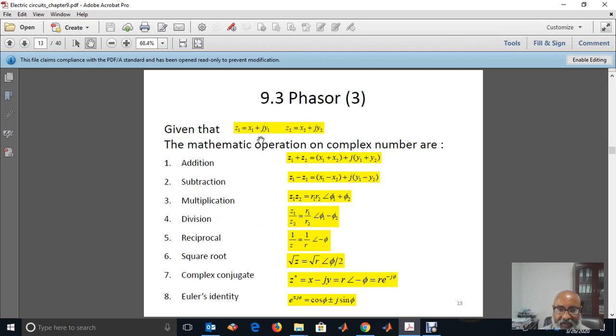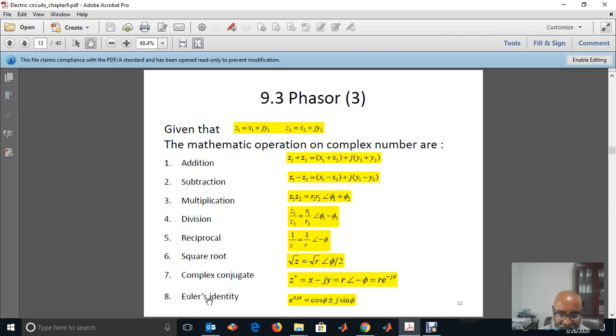If I have z1 as r1 at an angle of phi 1 and z2 as r2 at an angle of phi 2, multiplying the two gives r1 times r2, and we add the phases, phi 1 plus phi 2. Division: r1 over r2, at phi 1 minus phi 2. Reciprocal: if z is equal to r at an angle of phi, it will be 1 over r at an angle of minus phi, and so on.